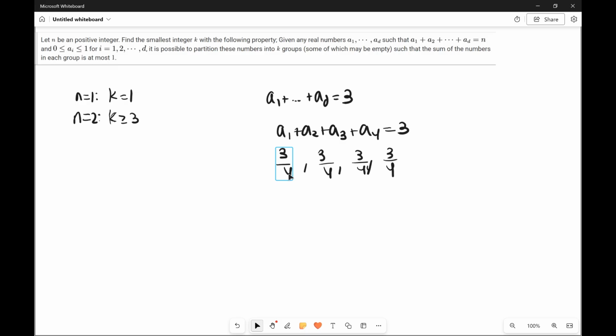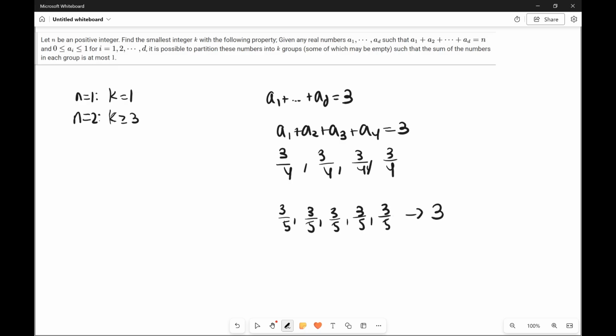And 4 is really small, and it's actually not the largest number that makes this trick work. Because this trick also works when we have 5 numbers, when d equals 5. Because we can also make it 3/5, 3/5, 3/5, 3/5, and 3/5.